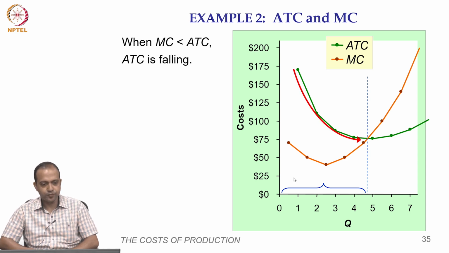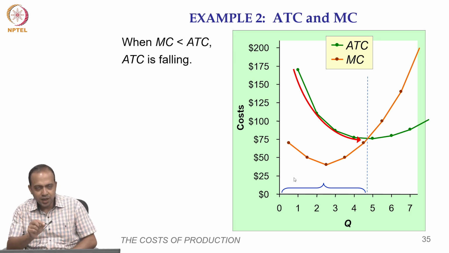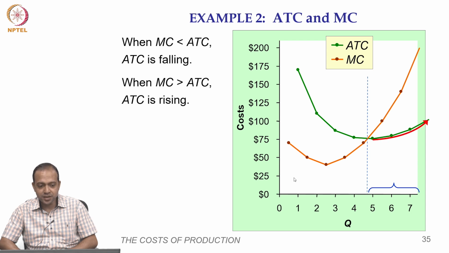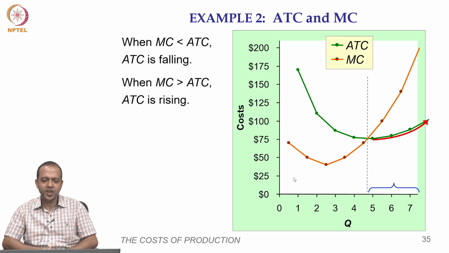ATC is falling. In this range MC is lower than ATC, that is why ATC is falling. And when MC is greater than ATC, ATC is rising.